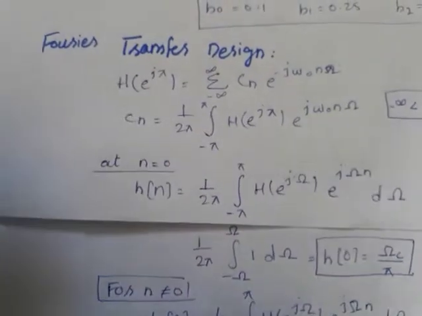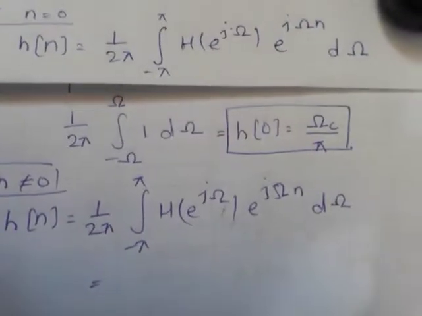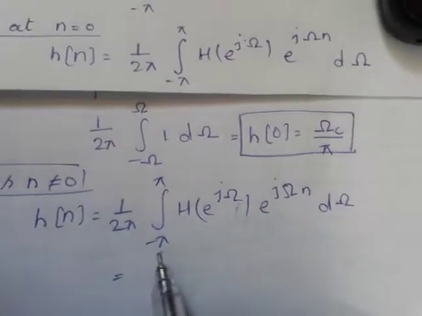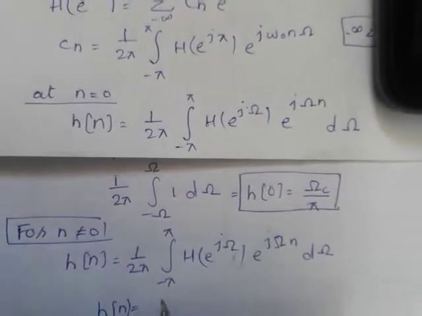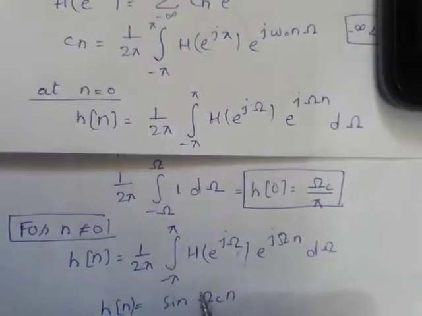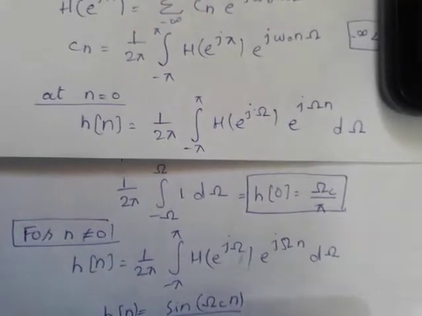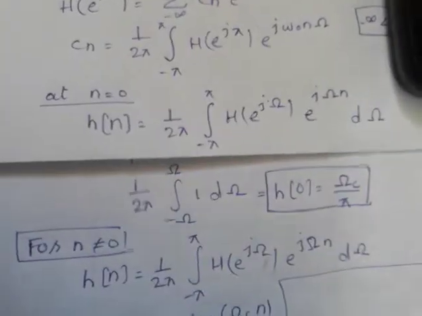Its value, after solving this equation and putting the limits from minus pi to pi, we will get h of n equal to sine omega c n divided by pi n.